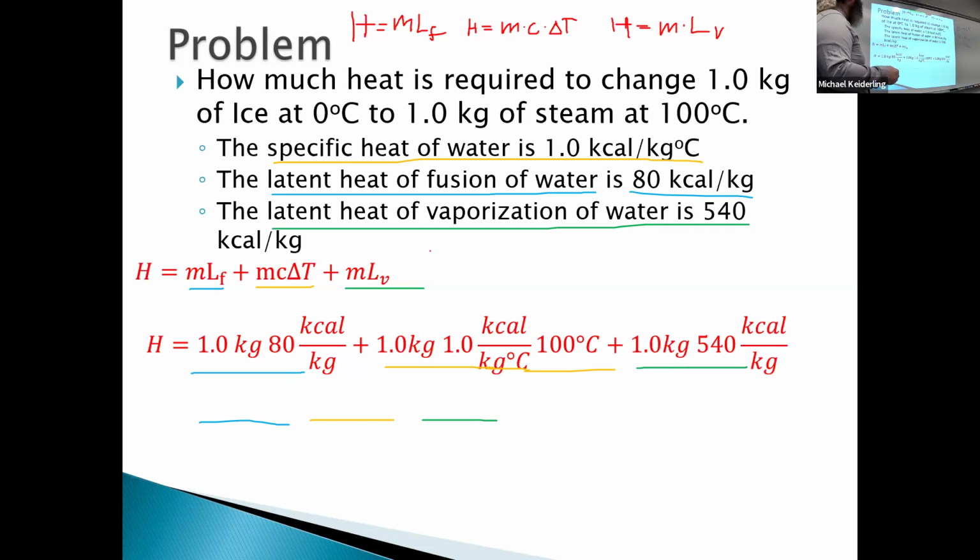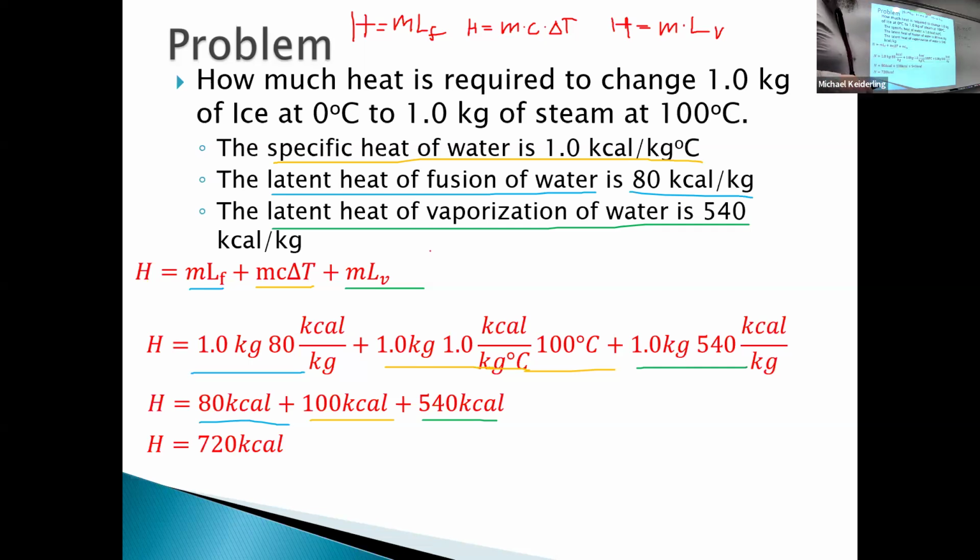To warm it up 100 degrees Celsius, that's 1 kilogram times 1 kilocalorie per kilogram degree Celsius times 100 degrees Celsius. And then to boil it, that's 1 kilogram times 540 kilocalories per kilogram. So to melt it, that's 80 kilocalories. To warm it, that's 100 kilocalories. And to boil it, that's 540 kilocalories. And so the total is 720 kilocalories.